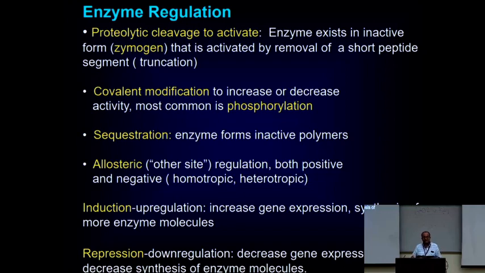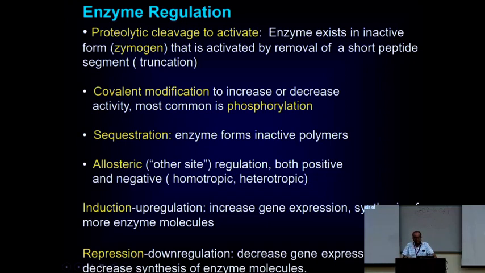Typically, the most common type is the addition of a phosphate. That phosphate typically comes from ATP, and you need an enzyme to add that. So you need a protein kinase. That's the class of enzymes I mentioned in the beginning of this chapter.